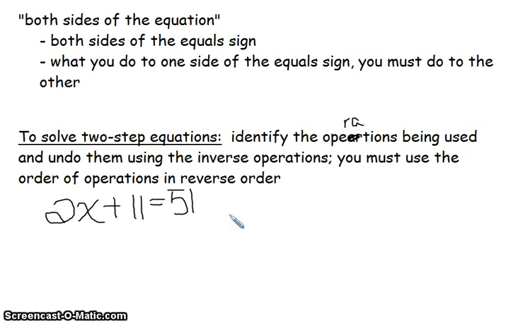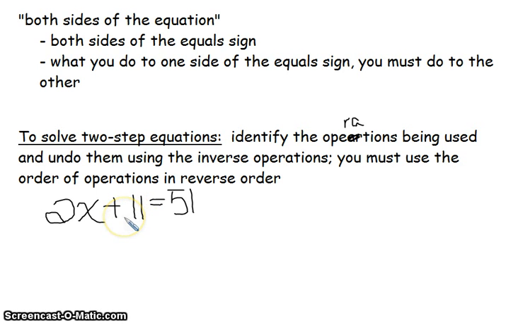There are two things happening in a two-step equation. First, I am multiplying x by 2, and then I'm adding 11. Thinking of order of operations, I would multiply this number and then I would add 11 to that. So if we're going to solve this equation, then we need to go in reverse order. Instead of multiplying, we need to start with the addition.